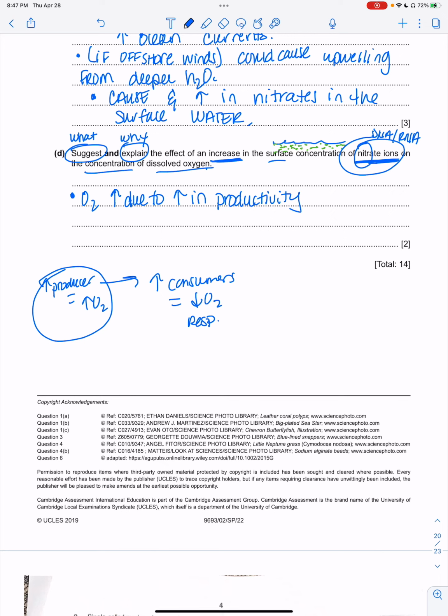So photosynthesis will be happening faster. So productivity.